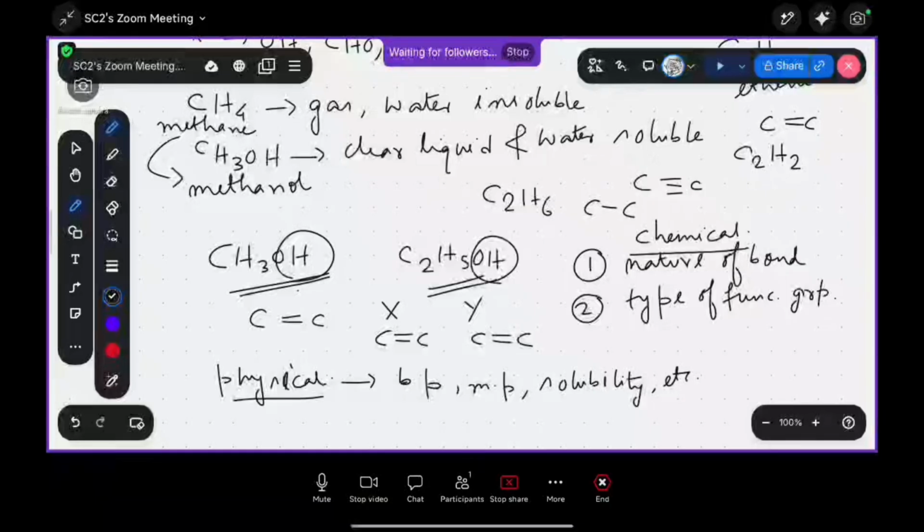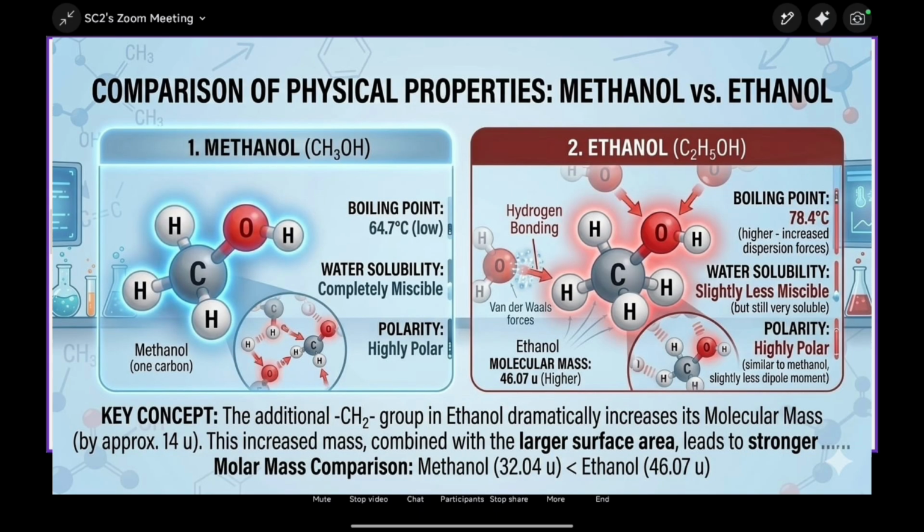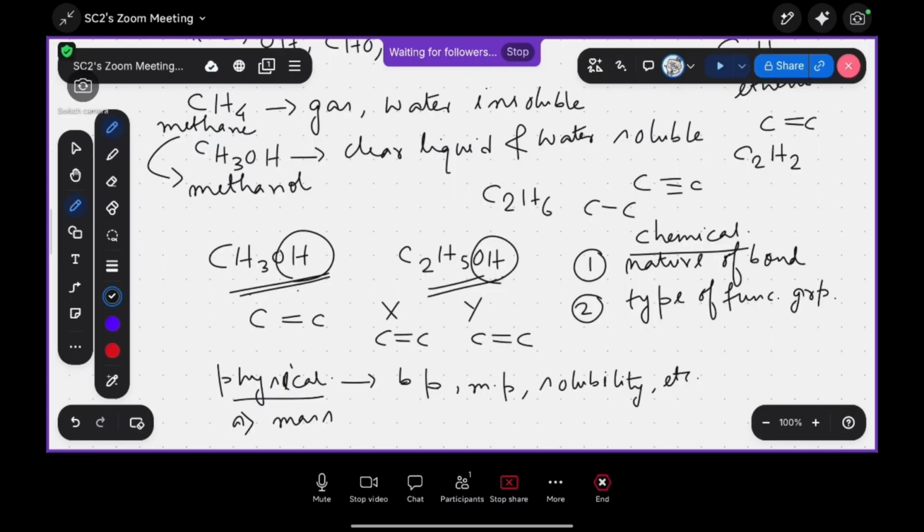And how do you judge the physical properties? Why are the physical properties different? Physical properties are different because the mass is different. The first thing, physical properties depend on the mass of the compound. If the mass changes, the physical property will also change.